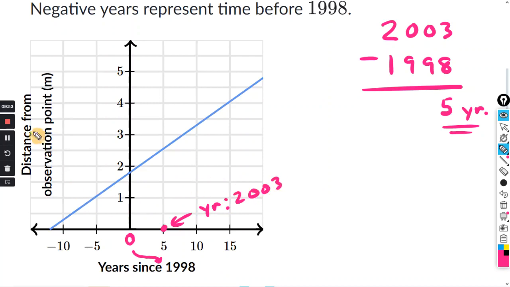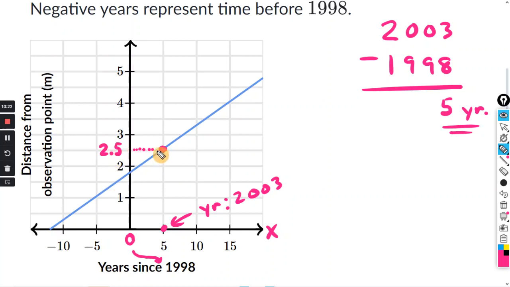And they asked us what feature tells us the distance from the observation point. Well, we would have to take x equals 5 on the x-axis and trace that to the line. So that point right there, if we trace that to the y-axis, that'd be about 2.5.